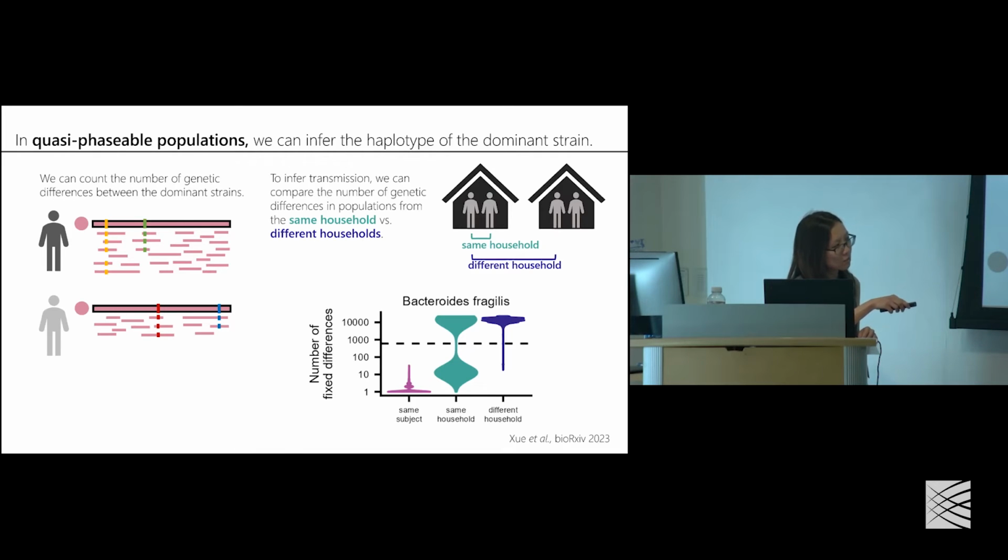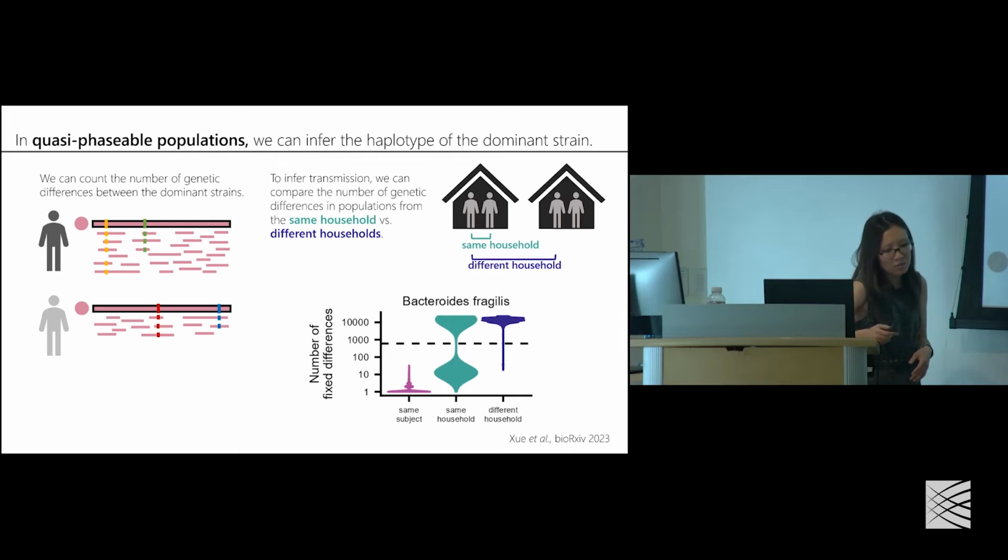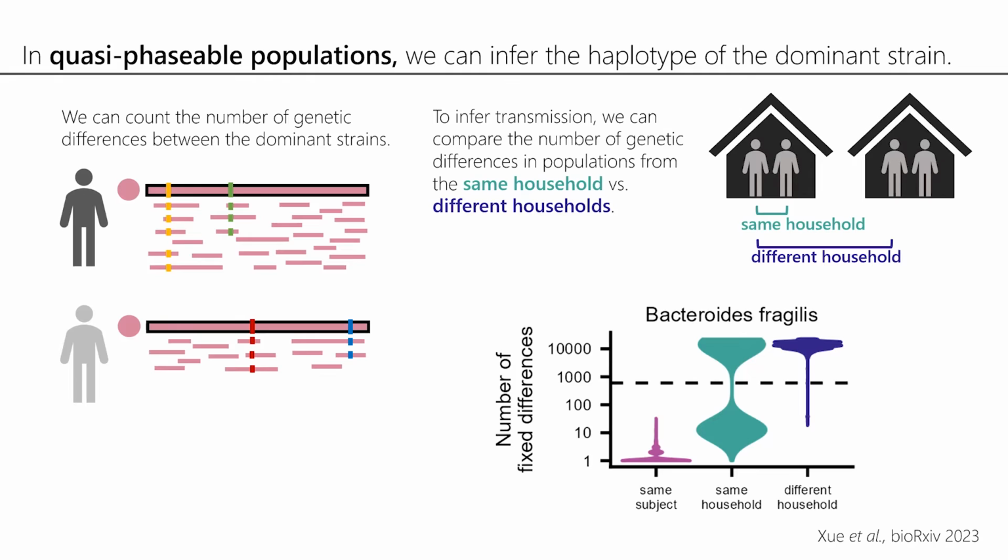You can see that strains from different households are typically quite diverged, although there are some cases in which they are more highly similar. When we look at strains from the same subject, they're almost always very similar to one another. There's very few differences. And when we look at populations from different subjects in the same household, we see this very nice bimodal distribution.